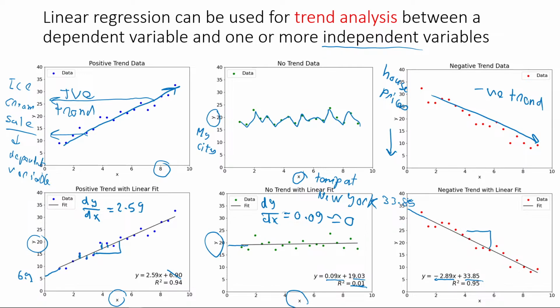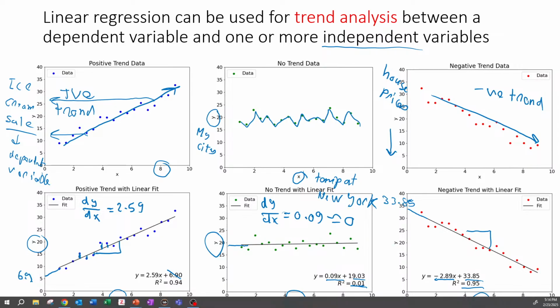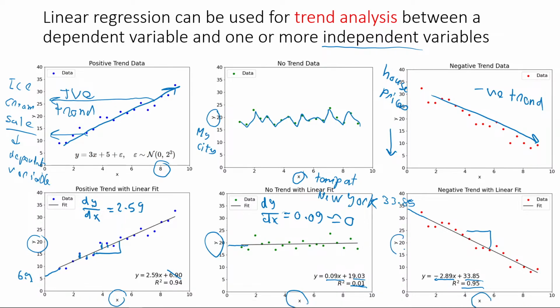That's my intercept here, and my R square is very good because I have a strong negative trend, and basically my X can explain well the variance of my Y, the variance of this data, and I have this trend here.